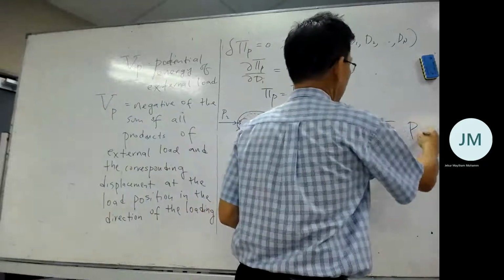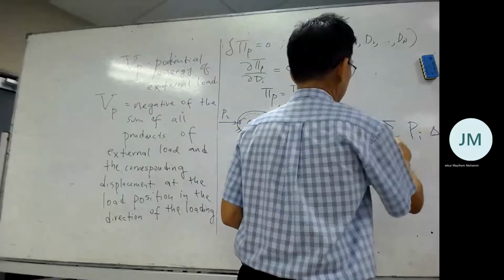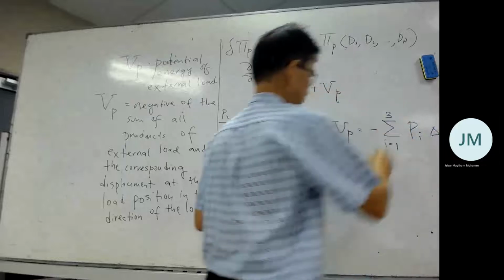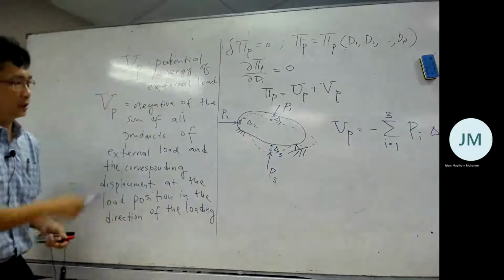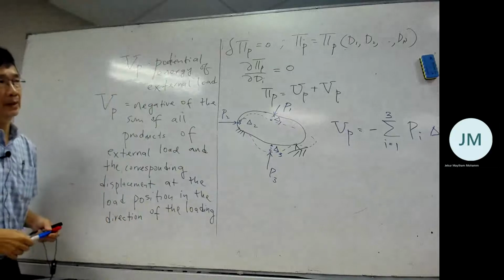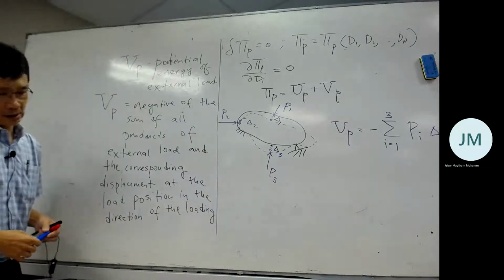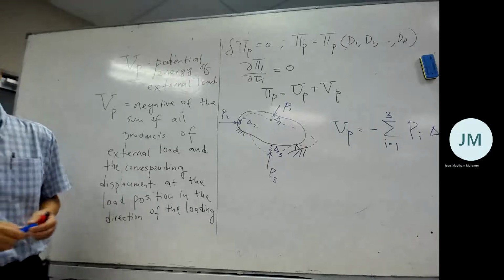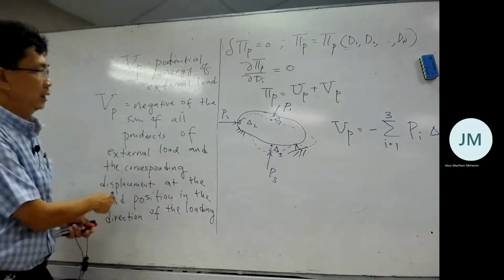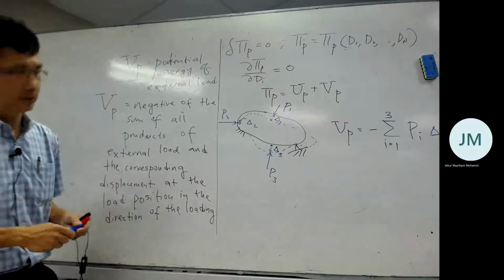So we have Pi delta i, i equal to 1 to 3. What is the meaning of this? We can relate to this by using this example.